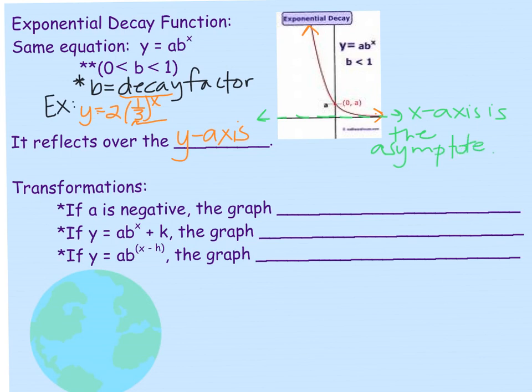As we apply transformations to these equations, however, that could change. So speaking of transformations, let's take a look at some descriptions down below. If the a value is negative, just like we worked with square root functions back in chapter 6, the graph would reflect over that x-axis. And that's one way to describe it, and way to check our graph.